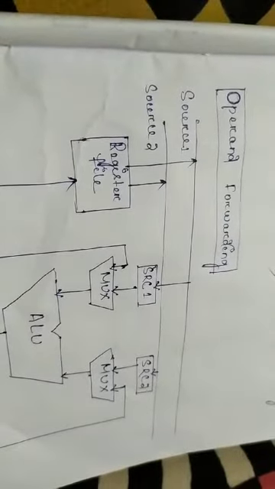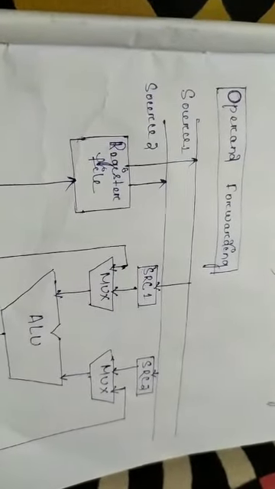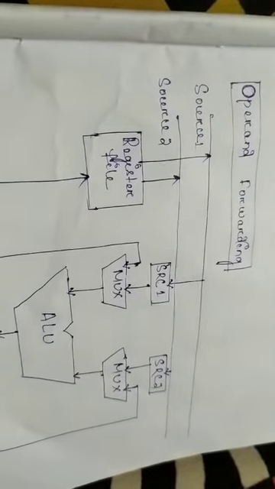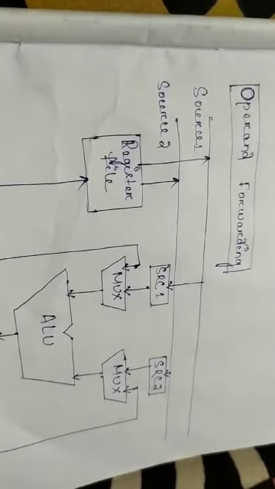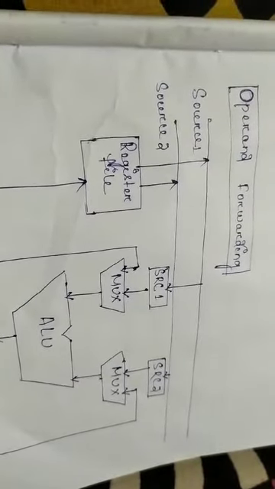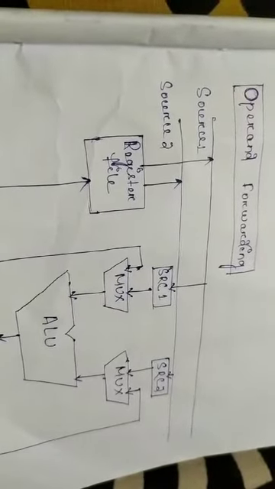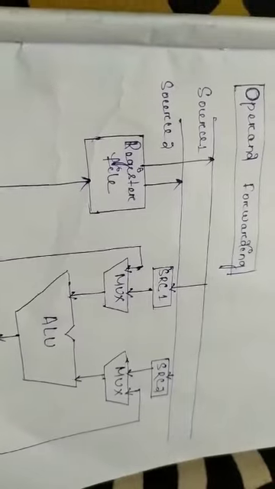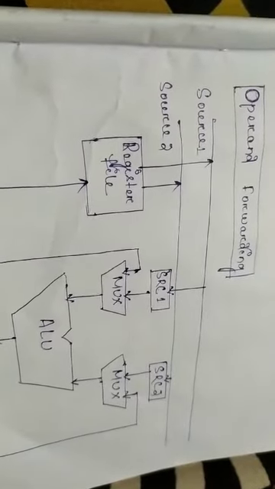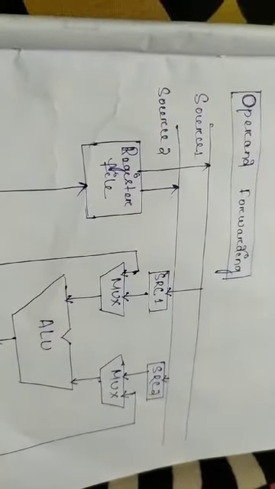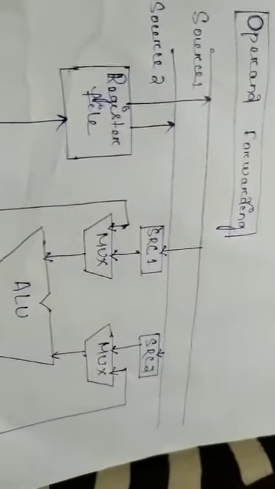The solution is operand forwarding. The operand which is the reason for the data dependency, due to which the data hazard occurs, only that operand will be forwarded, not all operands. Okay, thank you.